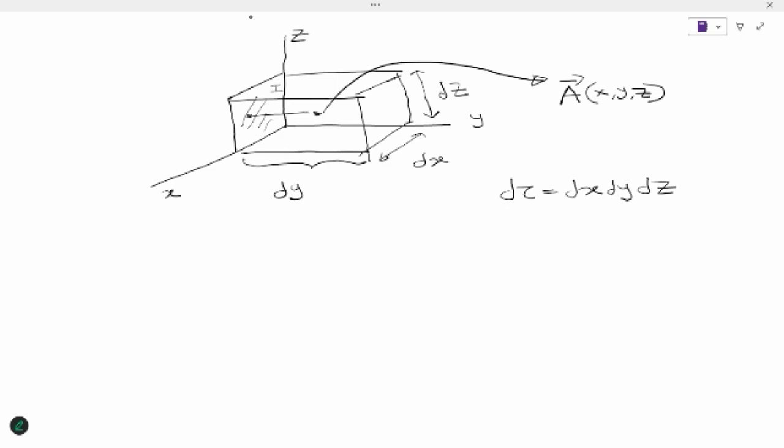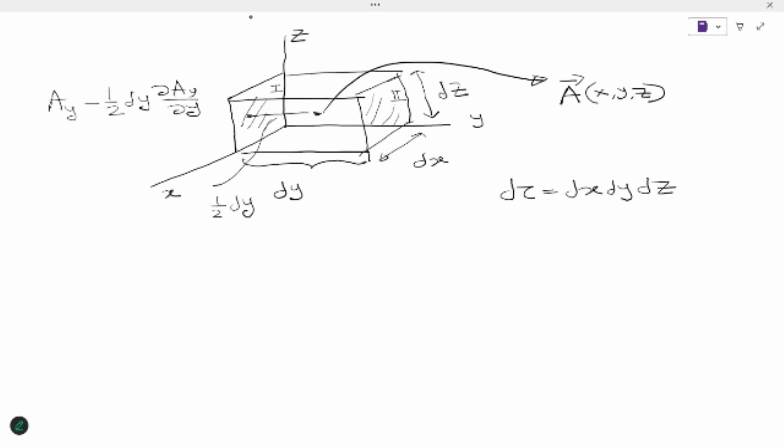This is side 1 and this is side 2. The value of A on side 1 is A_y minus half dy del A_y by del y, because this length here is half dy.